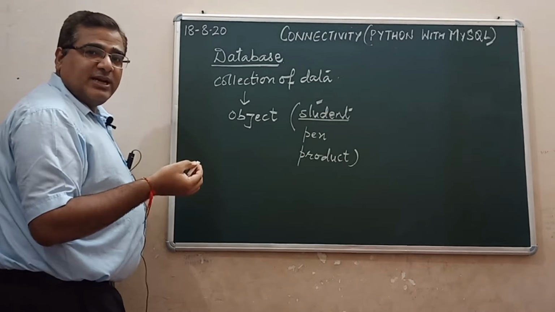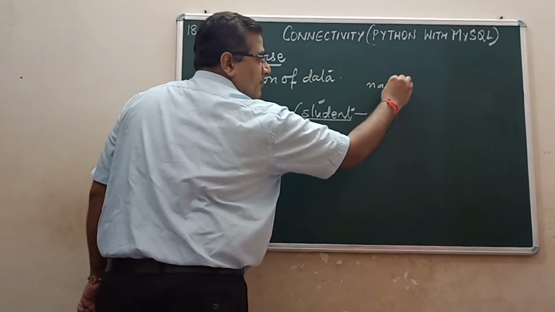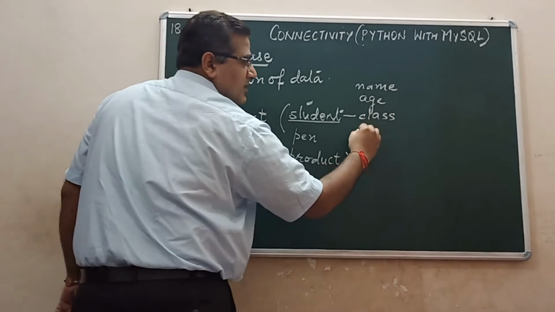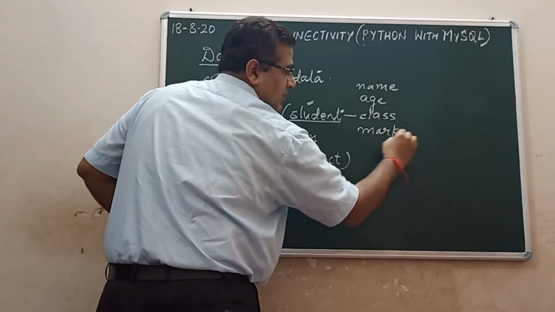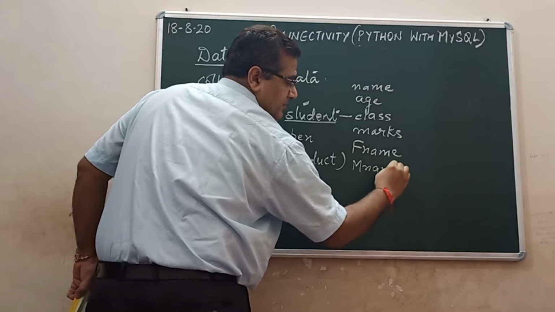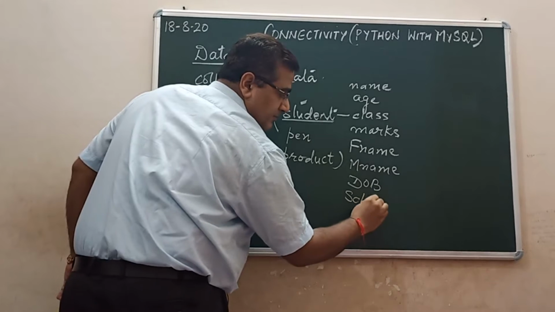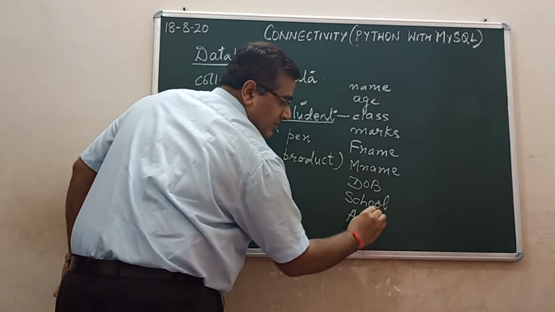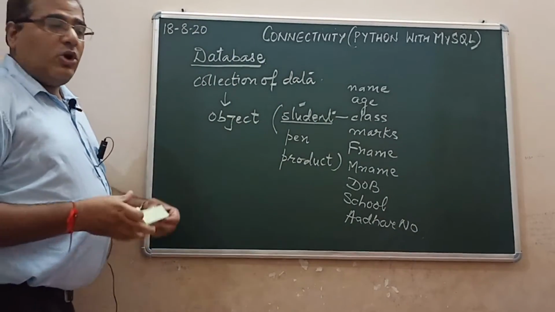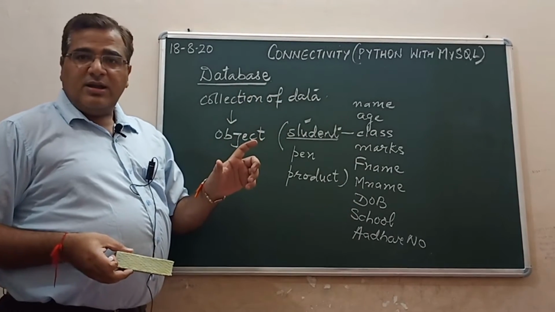What all information can I collect for a student? I can collect name, his age, his class, marks, father name, mother name, date of birth, school, Aadhaar number, etc. So all this collected information I will be compiling in the form of a table.